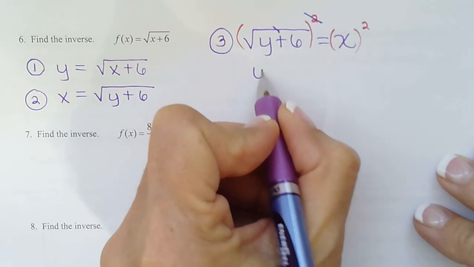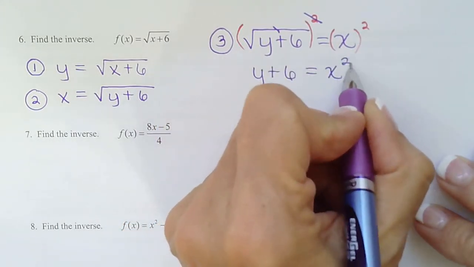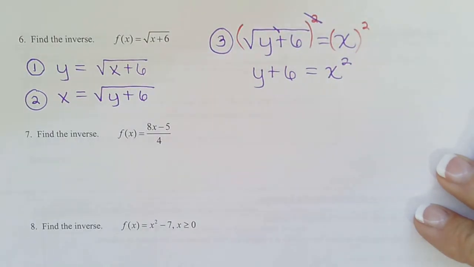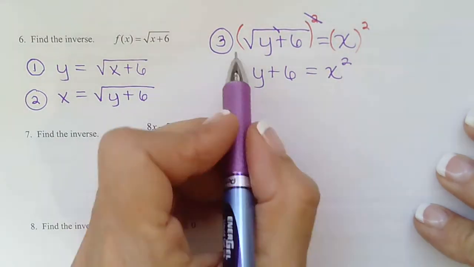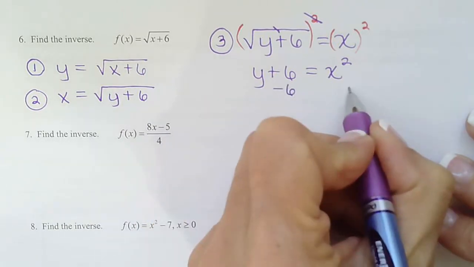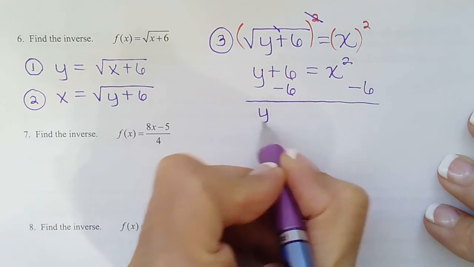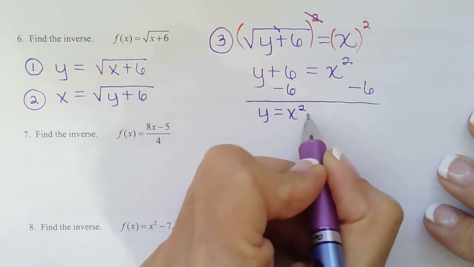So now we get y plus 6 equals x squared. So step 4, or part of step 3, is get y alone. So to get y alone, we subtract 6. So we get y equals x squared minus 6.